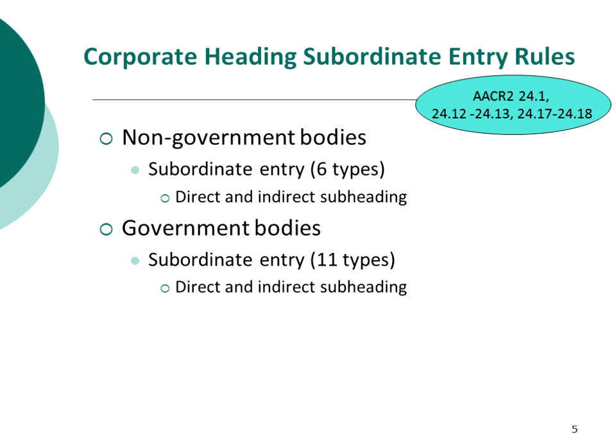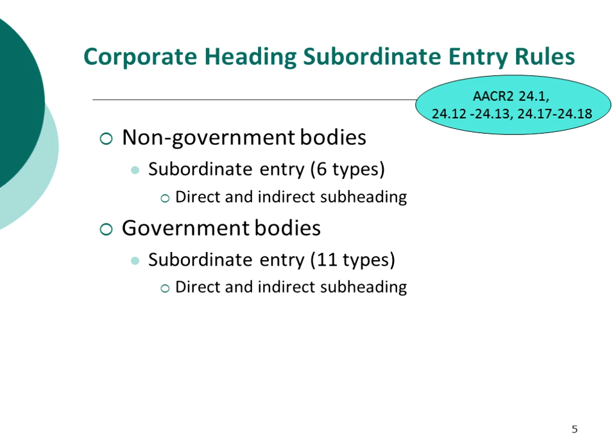The underlying principle here is that because it is an exception, the instruction spends a great deal of effort to explain what a subordinate entry is and what the subordinate entry rules are. So keep in mind the default decision of AACR2 is the direct entry.